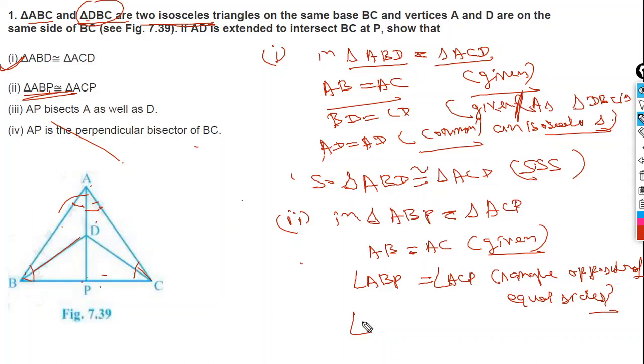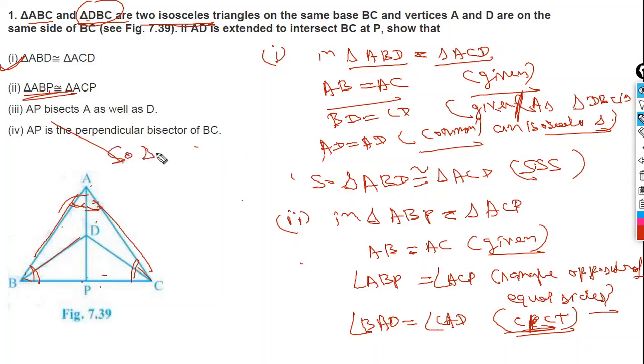Angle BAD is equal to angle CAD. Reason: CPCT, the corresponding parts of congruent triangles. Now we have angle, side, angle: angle, side, angle equal in the two triangles. Therefore we can say, I will write it here.